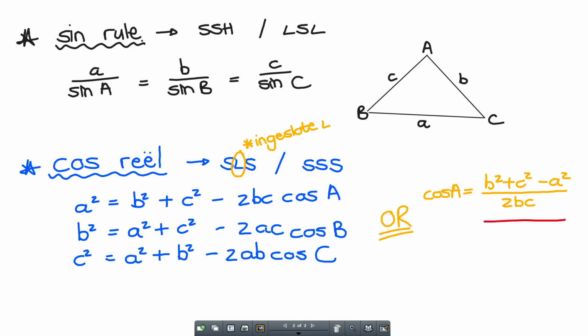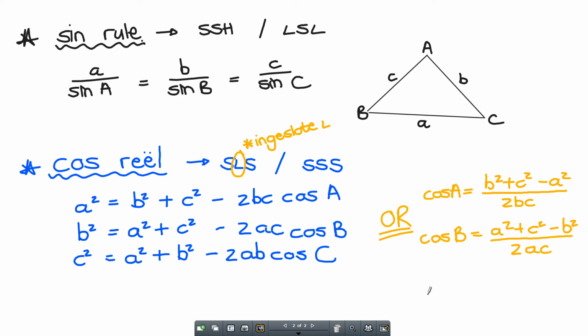Feel okay? Good. Goed. So, selfde storie vir as ek nou vir cos B wil kry. So, if I want cos B, I'm going to have a squared plus c squared minus b squared over 2 times ac.